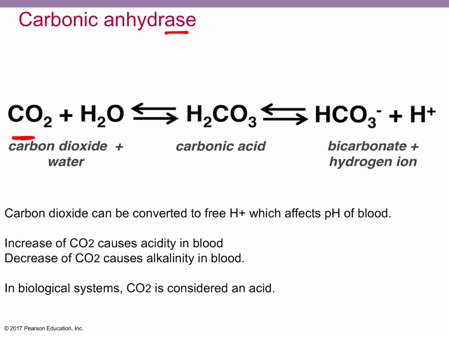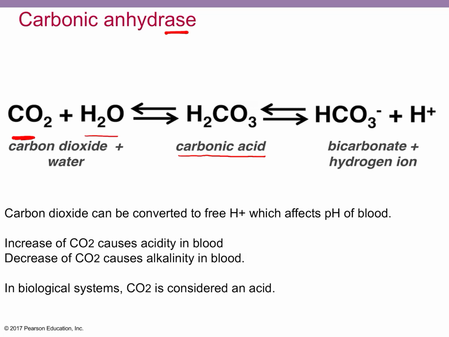But what it can do is it can absorb carbon dioxide. So here's our carbon dioxide. When your cells make carbon dioxide, it goes out of your cytoplasm. It diffuses right through the plasma membrane into the bloodstream. In the bloodstream, it combines with the water there, and that combination can create carbonic acid.